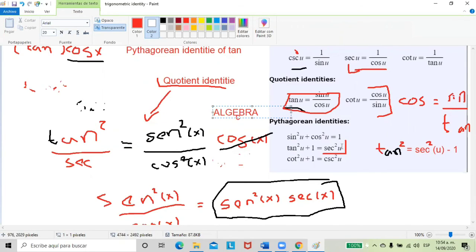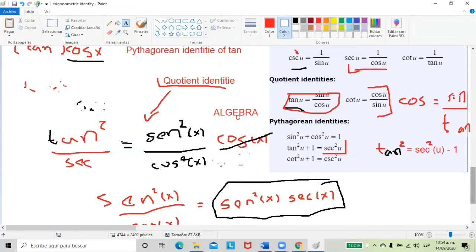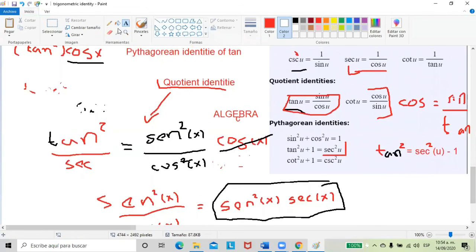Algebra is just. Here, what is the process? How do we know that it's algebra? It's only like division. This is algebra because here we have sine of x.